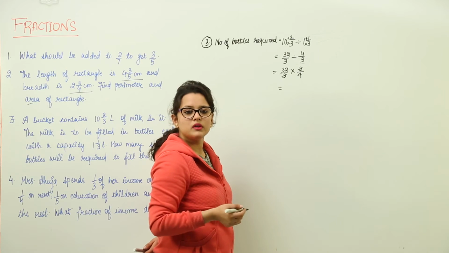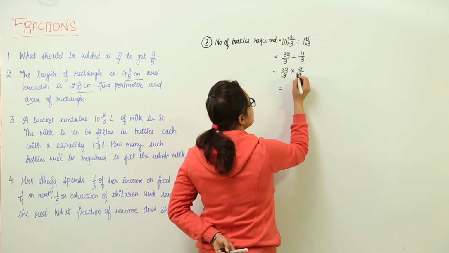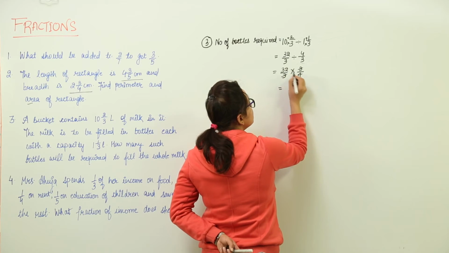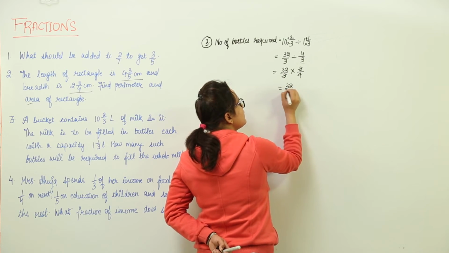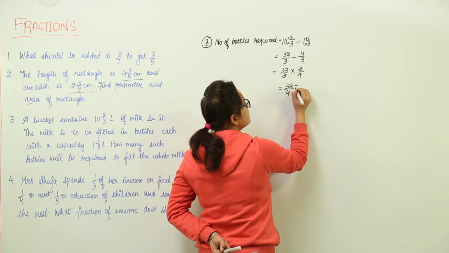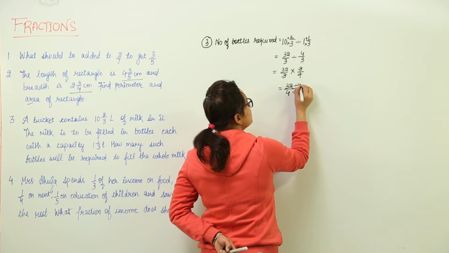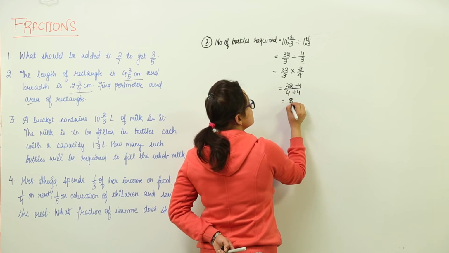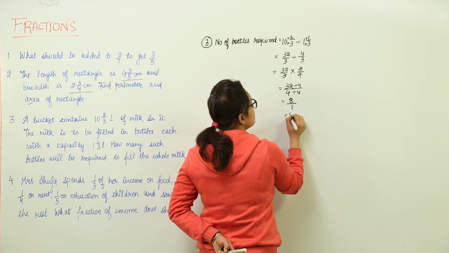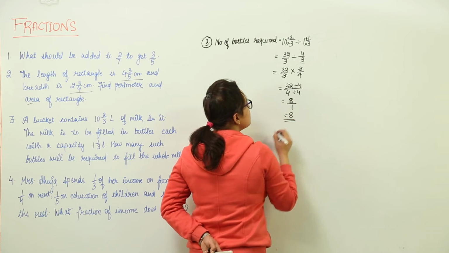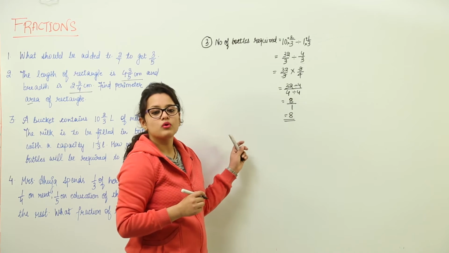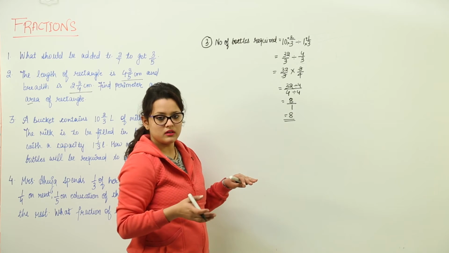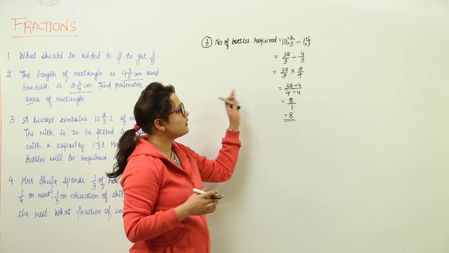They had 3 common in both, so I have cut that directly, and we still have 4 and 32. We have some factors common, yes, so we can do that there also, or we can do it with 4. You would get 4 8s are 32 and 1, 8 upon 1 is 8. That means 8 bottles will be required to completely pour that container's milk into those bottles.